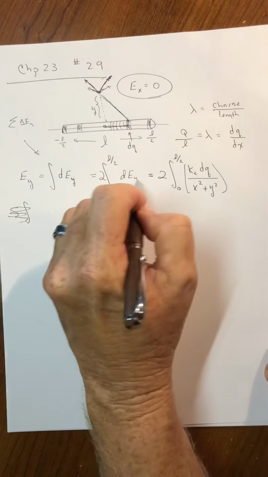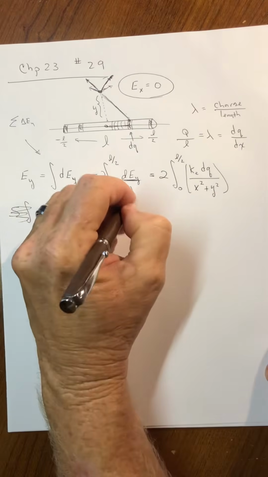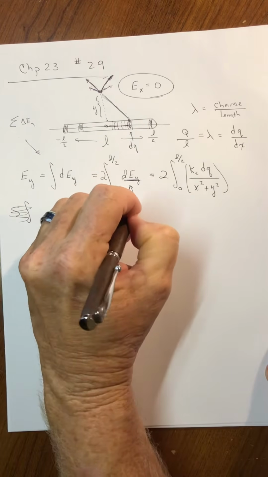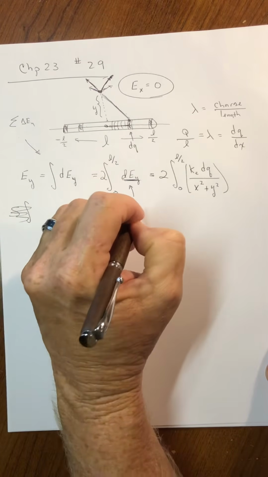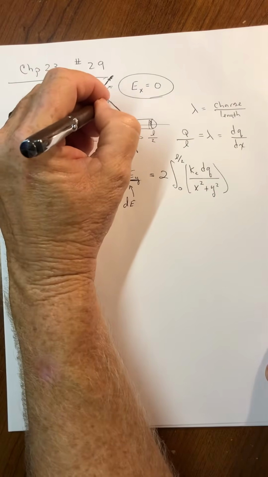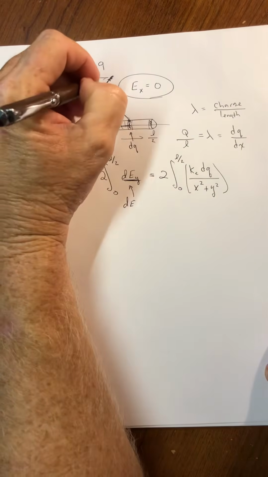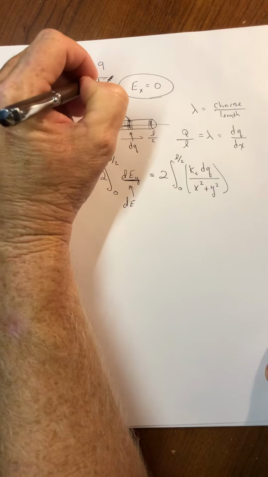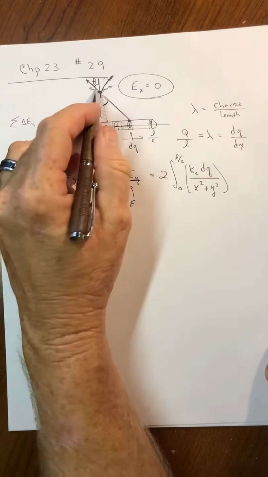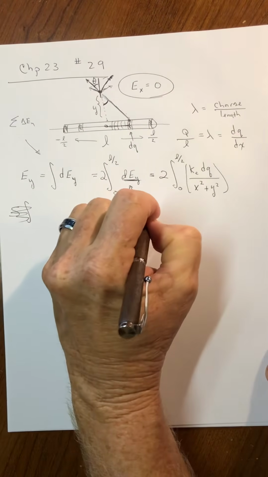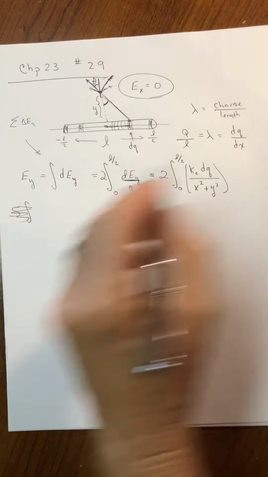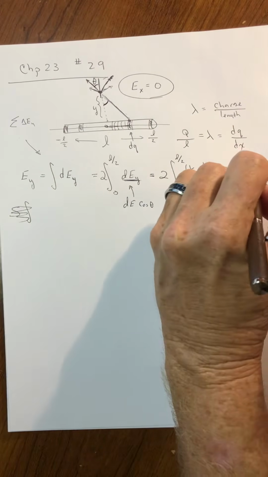Now remember, we don't just want the magnitude. In fact, maybe I should have written here, this would be the magnitude times, and if I call, say, this here theta, to get the vertical component, I would want cosine theta. So maybe I'll throw that in there now.